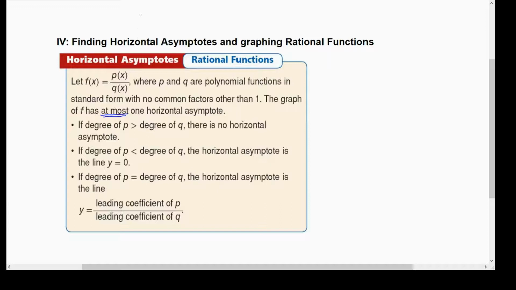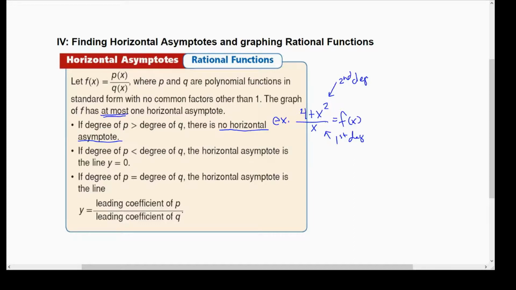First, it says, if the degree of P, which is your numerator, is greater than the degree of Q, there is no horizontal asymptote. For example, now we have to think back to degrees and polynomials. If I have (4 plus x squared) over x as my function, then the degree at the top is a 2, and the degree on the bottom is a 1.